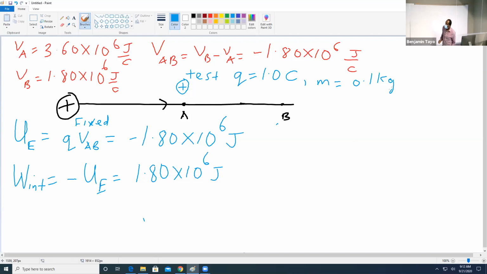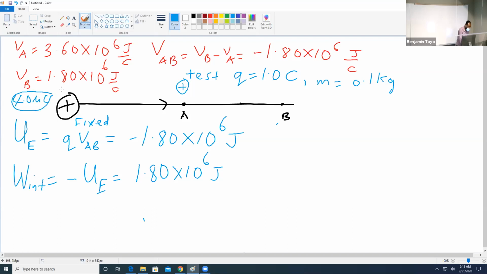On the UE, for the electric potential energy, wouldn't the negative 1.8 times 10 to the 6 be multiplied by the 4 microcoulombs? Like the test charge from the problem we're basing it off of? So the test charge here is 1.0. Remember the source was 4.0 microcoulombs.